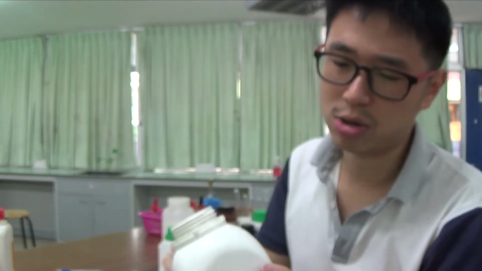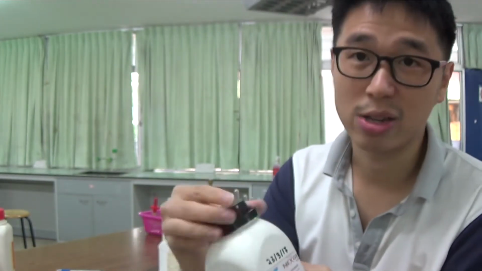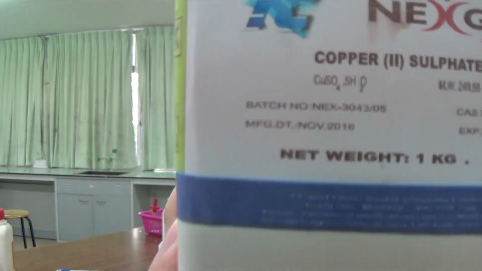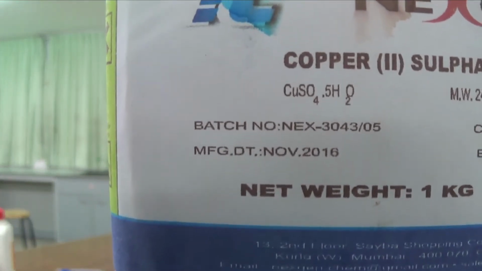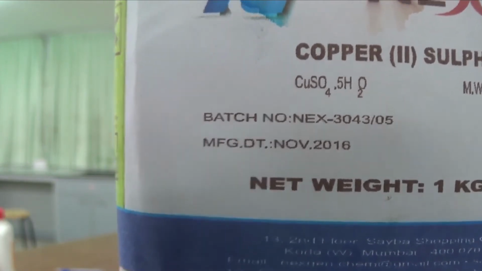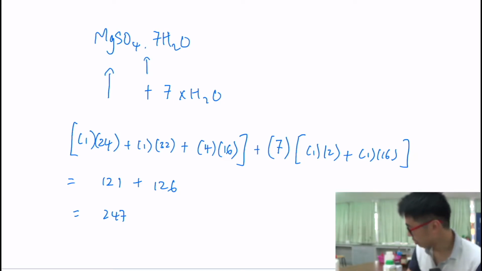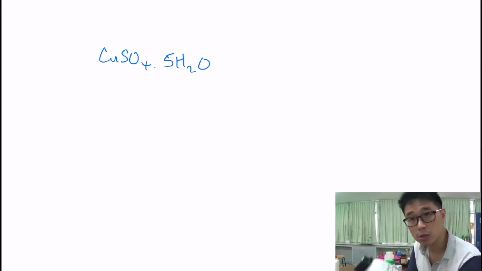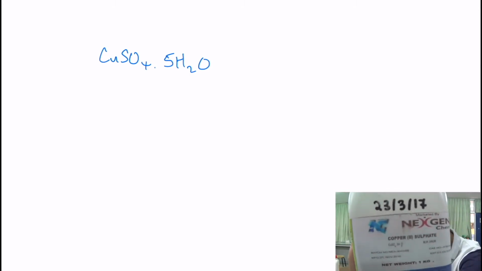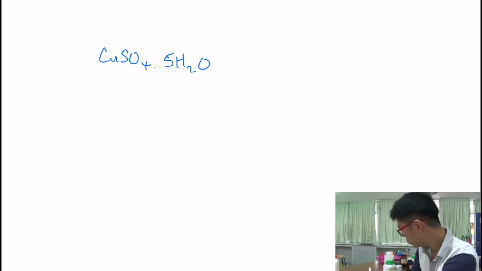You might have done crystallization of these. This is copper(II) sulfate pentahydrate. If you look carefully, copper(II) sulfate, they don't say it's hydrated, but if you look at the formula, CuSO4.5H2O. I'm just going to do the example here to show you again how to calculate the relative molecular mass. So we have copper 2+, because it's copper(II) sulfate.